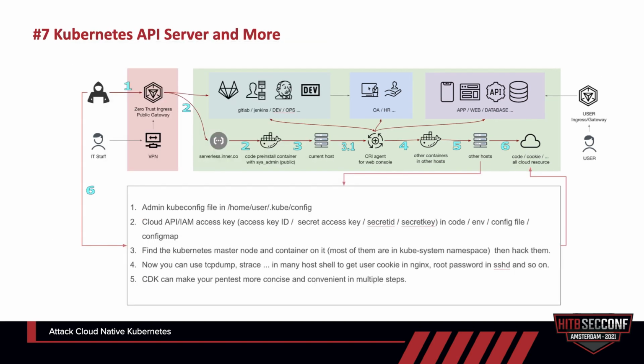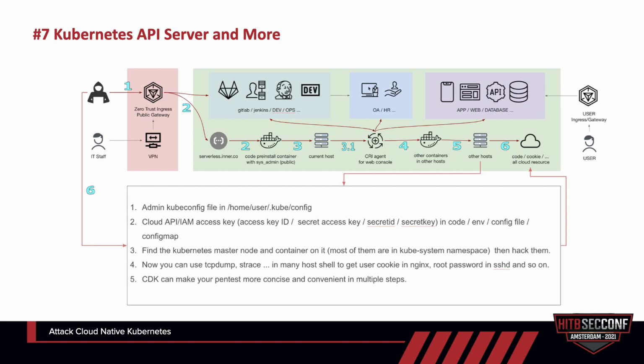In the end, we achieved our goal and we can control all the resources of the tech company on the cloud. Here are some simple tips. First, we should pay attention to the kubeconfig file and its permission. Second, it's important to obtain the security ID and security key of the cloud API.